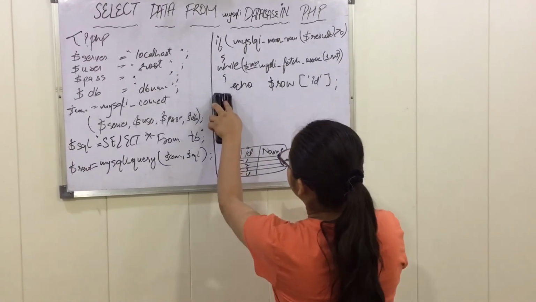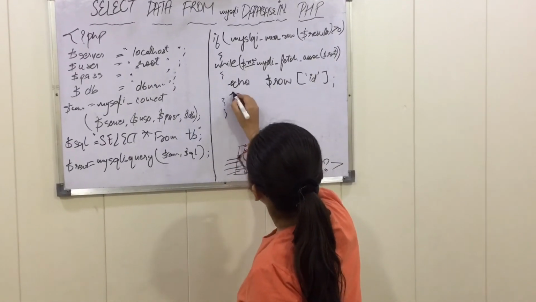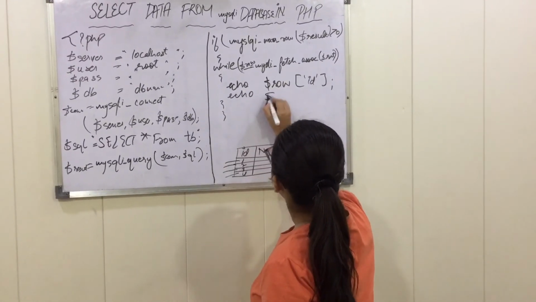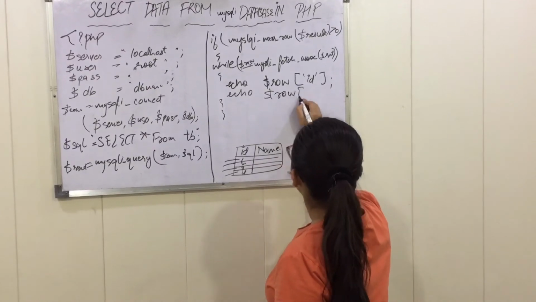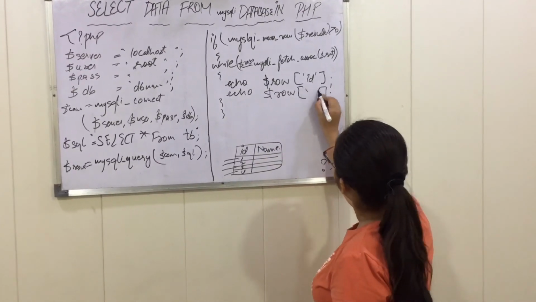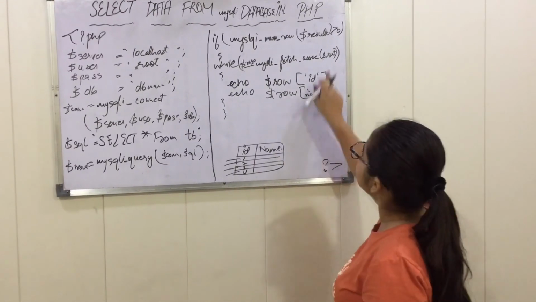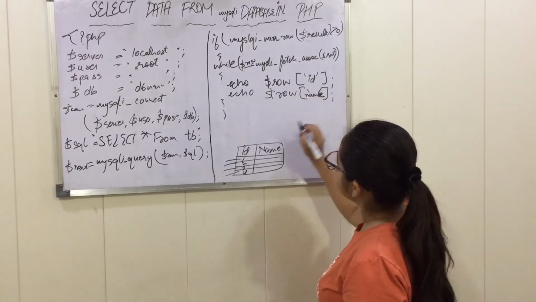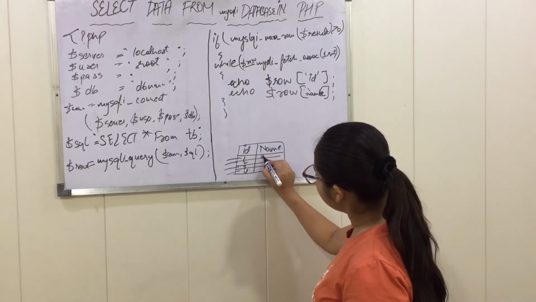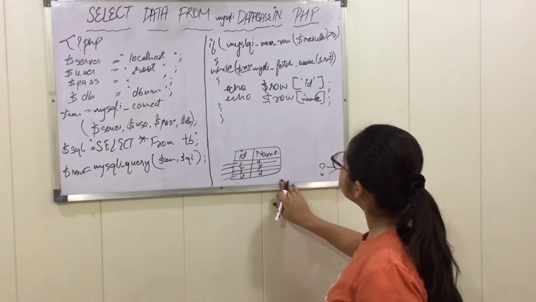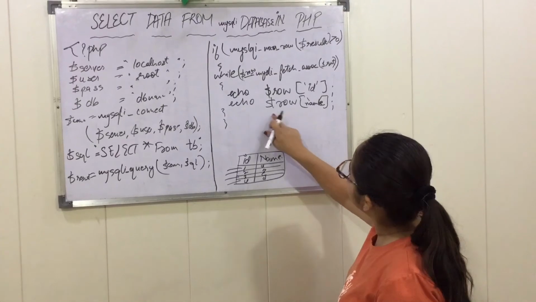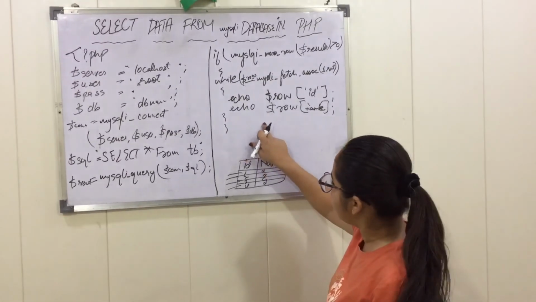So we again write echo $row, and in between this we pass the value name, which comes from the MySQLi database. After that the names will be printed as A, B, C and D. In this way we can use the MySQLi database to fetch the data.